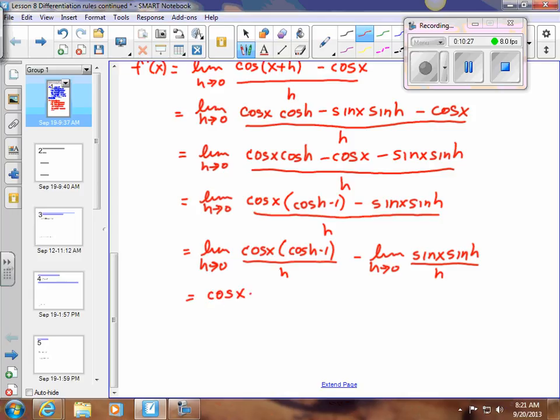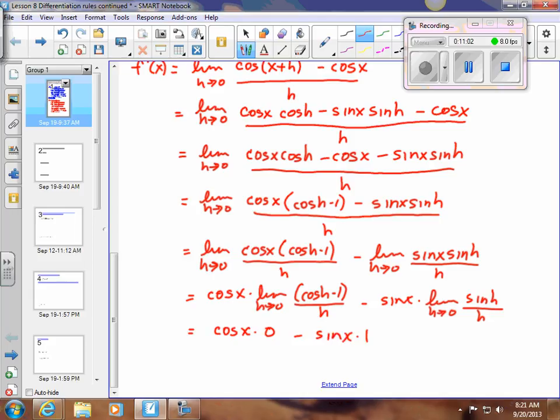So cosine of x times the limit as h approaches 0 of cosine h minus 1 all over h, and sine of x times the limit as h approaches 0 of sine of h over h. From our special trig limits, we know that this first one is 0 and the second one is 1.